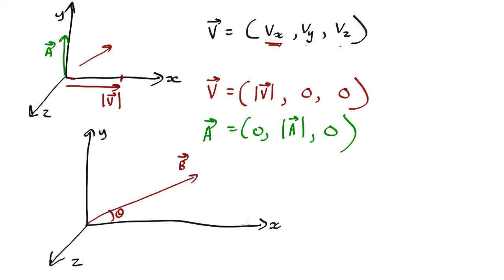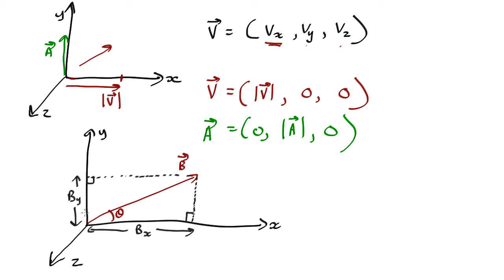Well, the component along the x-axis is what you get if you drop a perpendicular line to the x-axis. Likewise, the component along the y-axis is what happens if you drop a perpendicular line, so at right angles, down here. So that is the x component, and this is the y component of the vector b.